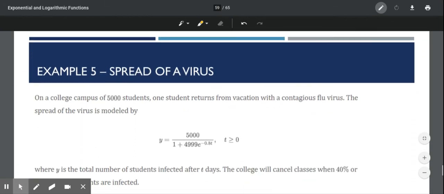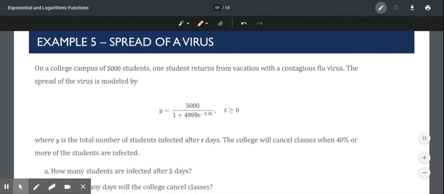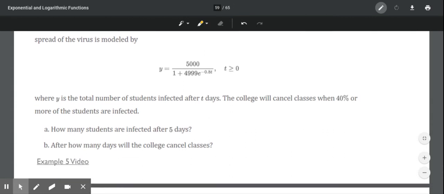And then the last example is the spread of a virus. So on a college campus of 5,000 students, one student returns from vacation with a contagious flu virus. The spread of the virus is given by this model right here in that equation, where Y is the total number of students infected after T days. College will cancel classes when 40% or more of students are infected. So the first part is how many students are infected after 5 days.